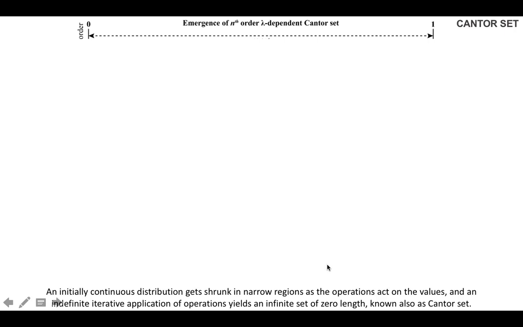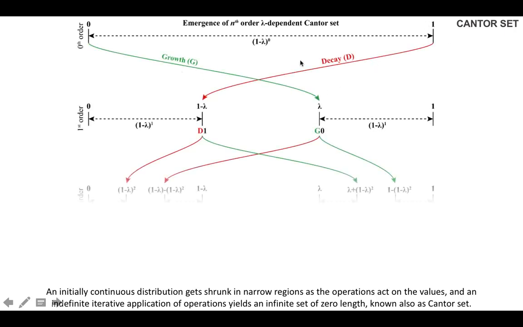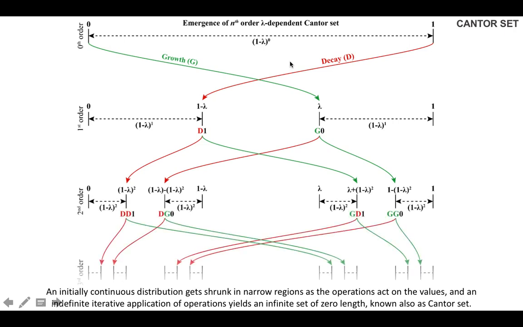Now what happens if we start with any rational number between 0 and 1 while we are operating on them with growth and decay? This continuous set will be approximated into a contour set like this, a lambda-dependent contour set you can see here.